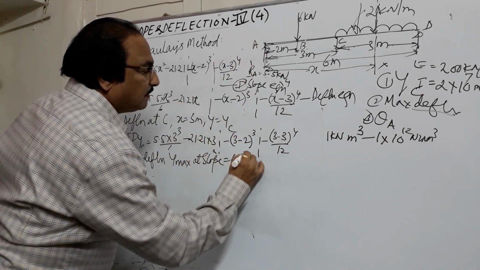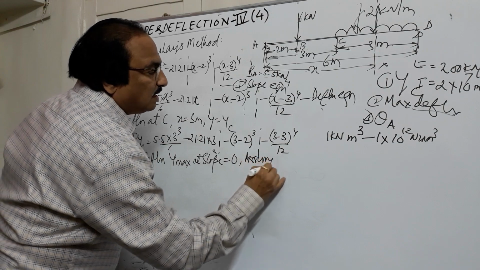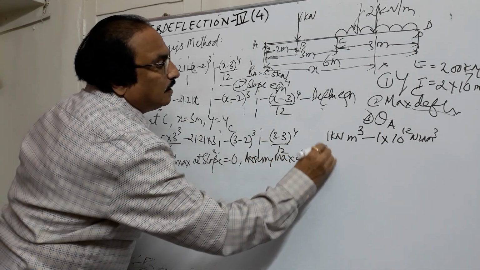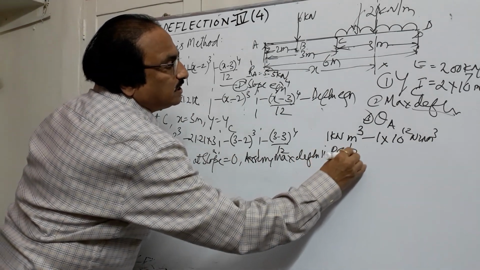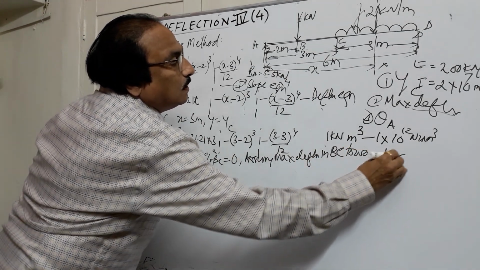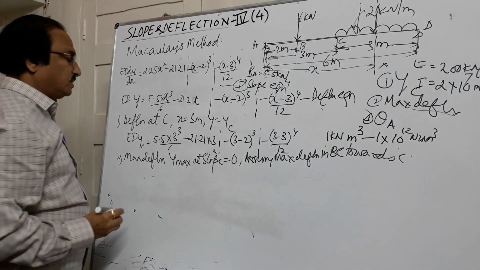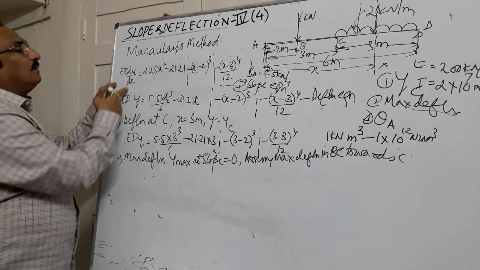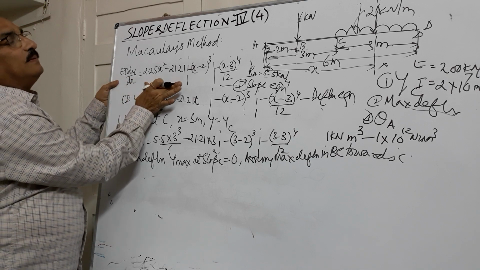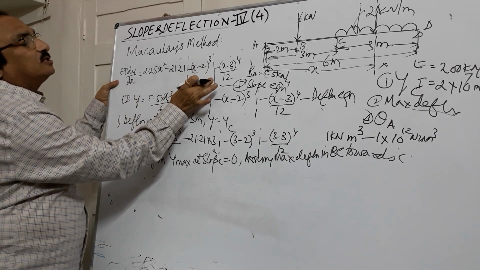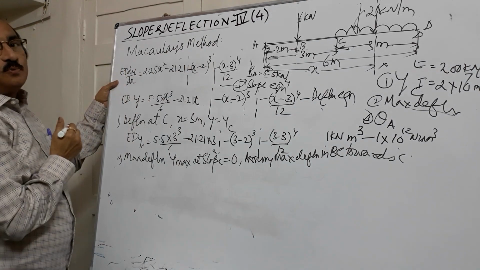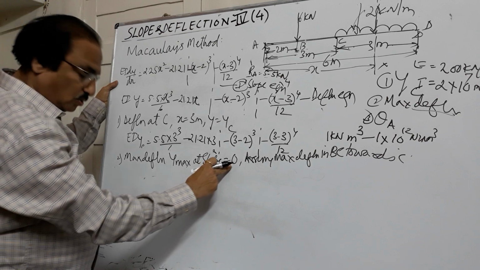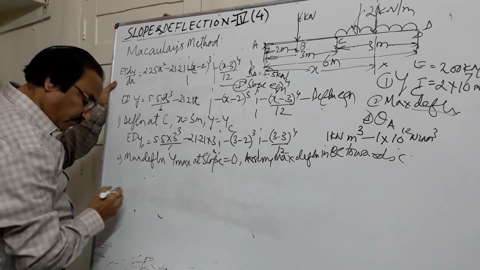So assuming maximum deflection in BC towards C, we have the slope equation EI dy by dx. This is the AB portion, this is the BC portion. We will have to take only this portion for the simplification, and at that point the slope will be equal to 0. These are the rules that are to be followed by you.